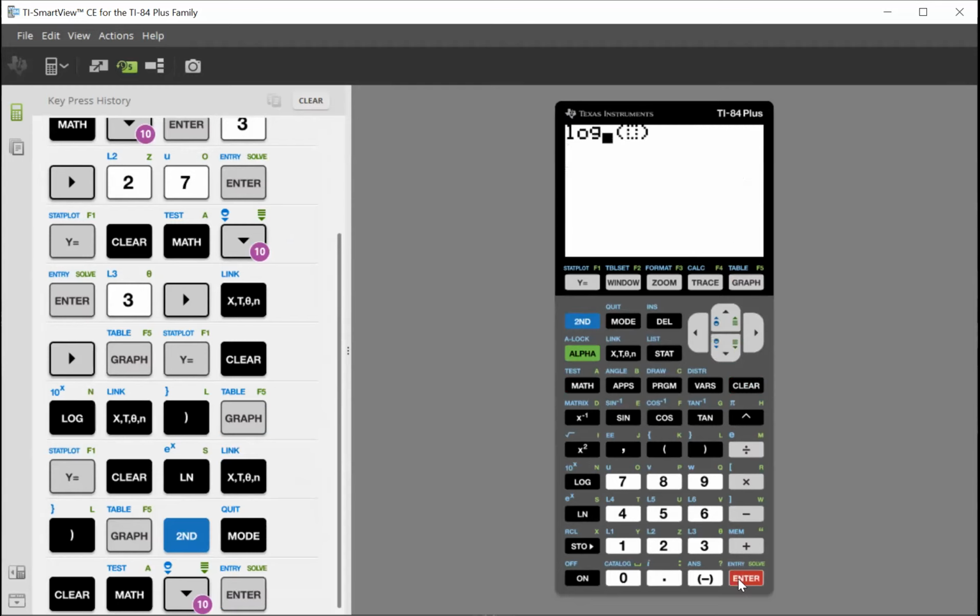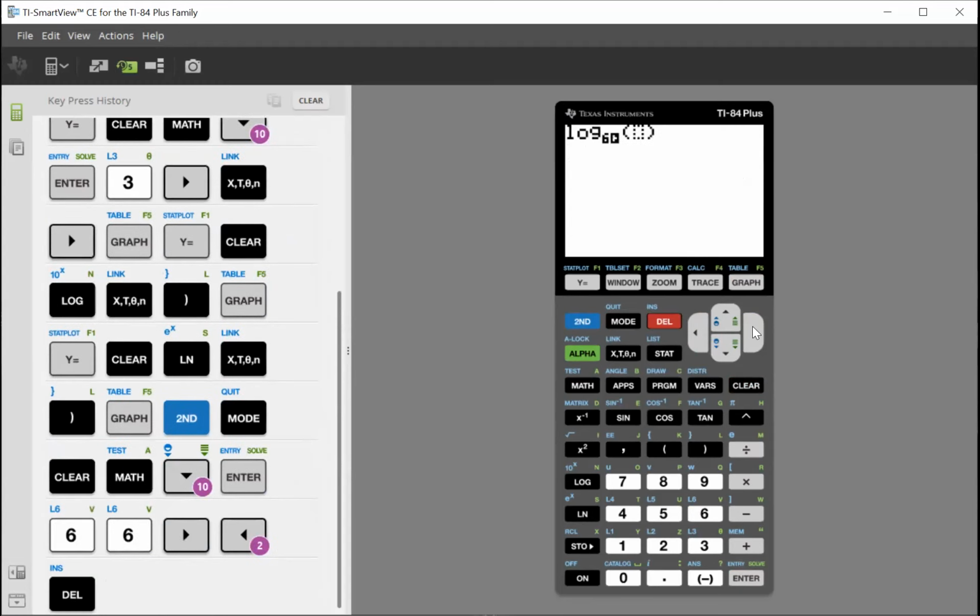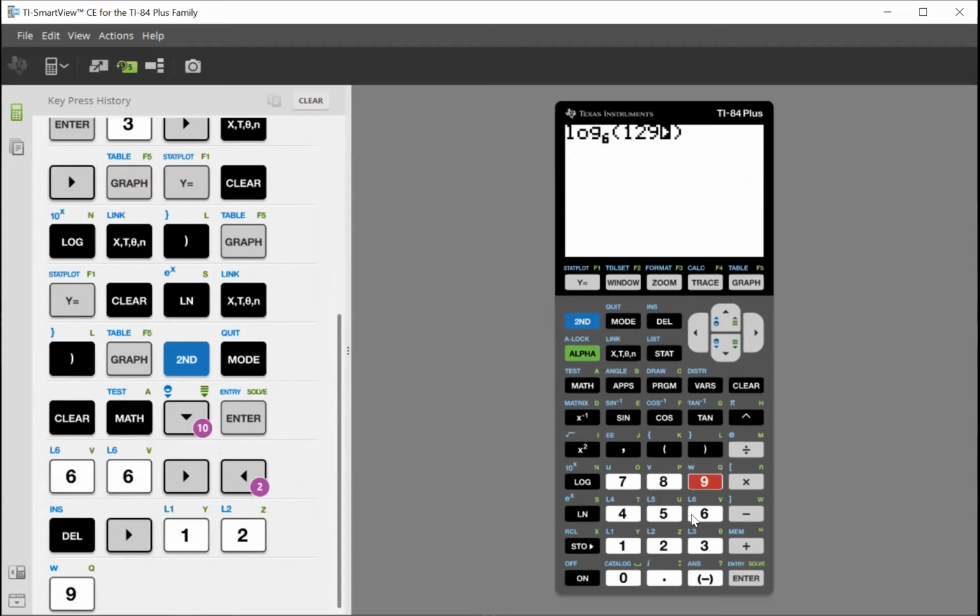Hit enter. I'm going to put in my 6 for the base, and then 1,296 was that result. So y'all, let's see what that is. That's going to give us 4 times.